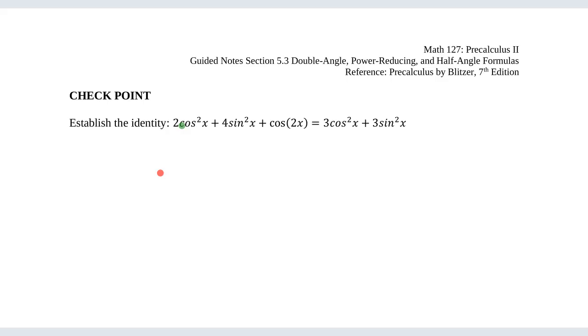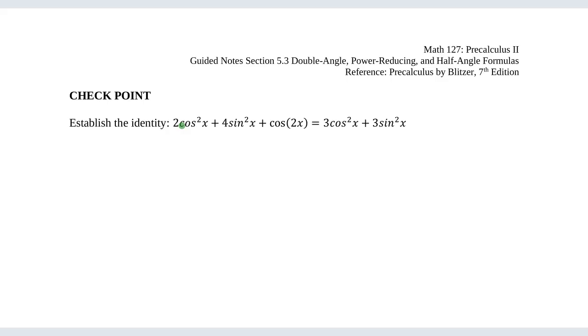Can the expression be rewritten using a double angle formula, or would a power reducing formula simplify the expression, or is there a half angle relationship that can help? Or even the previous formulas that we went through. Remember that one of the goals of this section is not simply to memorize the formulas, but to recognize when and why each formula is useful. You can go ahead and work this checkpoint independently before continuing with section 5.4.